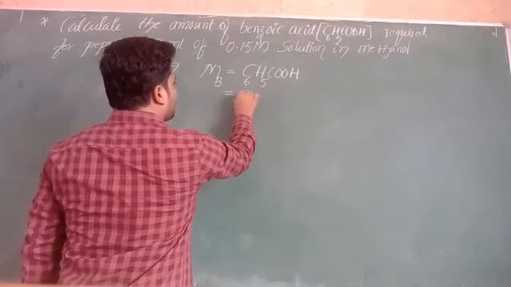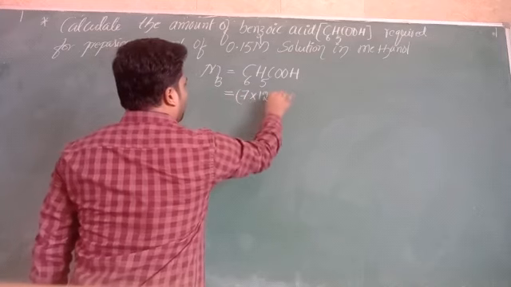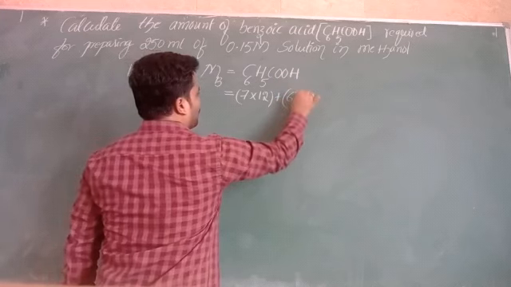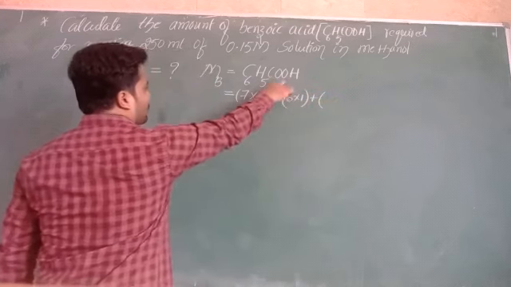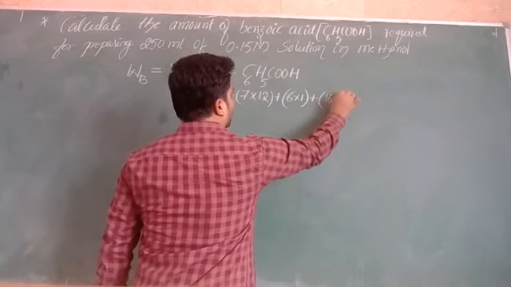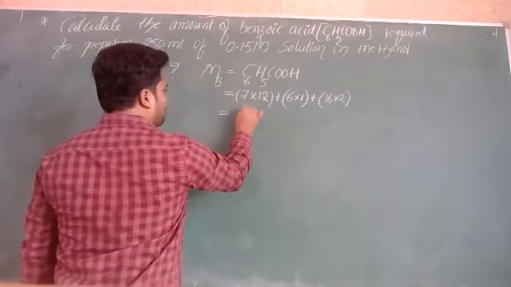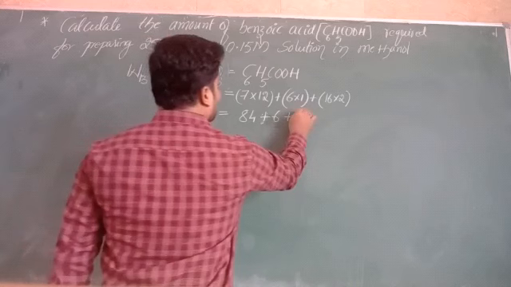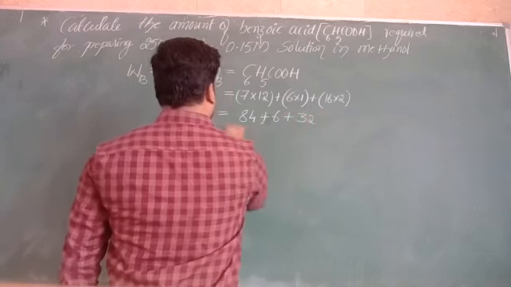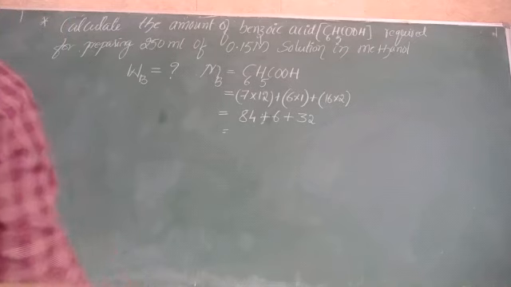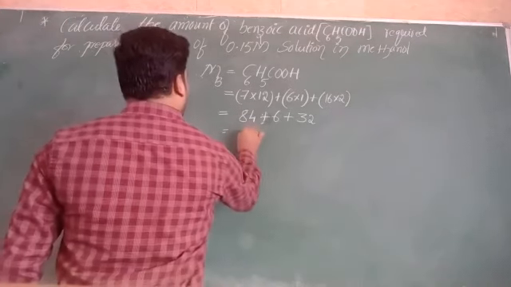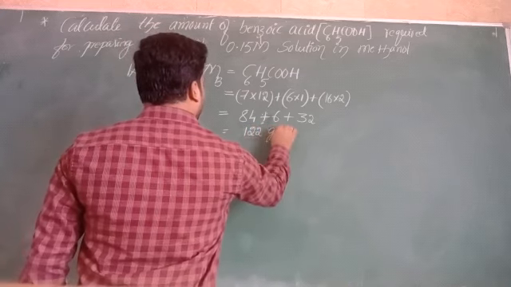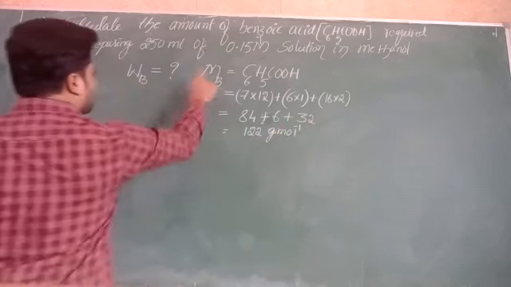That means 7 into 12, plus hydrogen 5 plus 1, that is 6 into 1, plus oxygen, that is 16 into 2. So 12 into 7 is 84, plus 6, plus 16 into 2 is 32. So 84 plus 6 plus 32, it is 122 gram per mole. So this is MB.